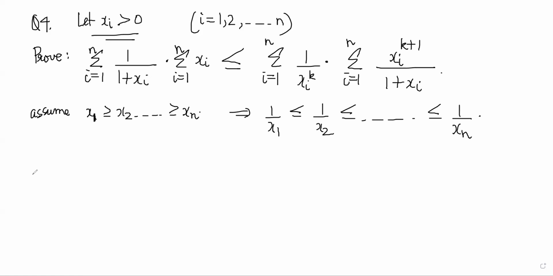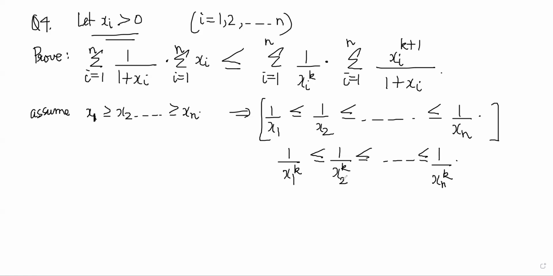Correct. Okay. So once we have this, we can raise it to powers, and raising it to powers basically further reduces these terms. So we can say 1 by x1 power k is less than equal to 1 by x2 power k less than equal to 1 by xn power k, right?